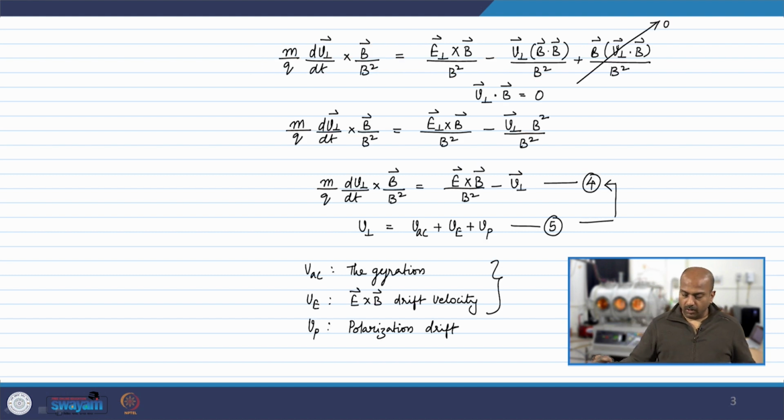You see, this is what I forgot, to put symbols on these velocities.